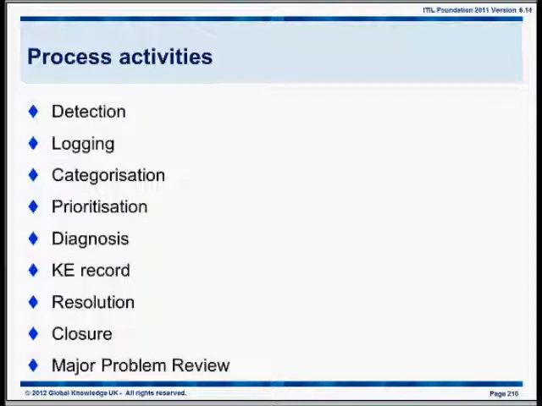Once we figure out the reason or a workaround, we will create a known error record automatically, because we know the reason now and we need everyone else to know about it. The only public database between service desk, incident, request, and problem is the known error database.